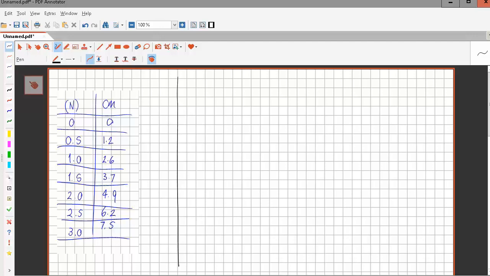So it seems easiest to use 5 squares to represent 1 newton, in which case my scale will go, here my 0, this will be my 1, this will be 2, and this will be 3.